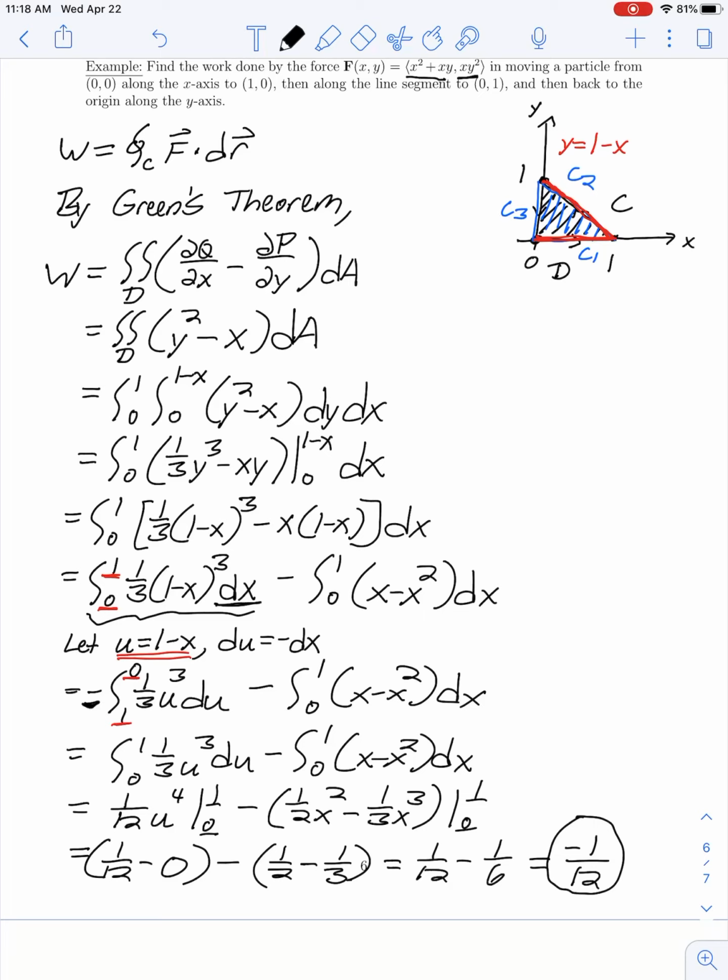So the fact that this value is negative means that as our object traverses this triangle, the force field acts against it, against the motion of our object, more than in the direction that our object is moving. So in this section, we've got a nice result, Green's theorem, which relates the line integral of a vector field over some closed curve to the double integral over the plane region enclosed by that closed curve.